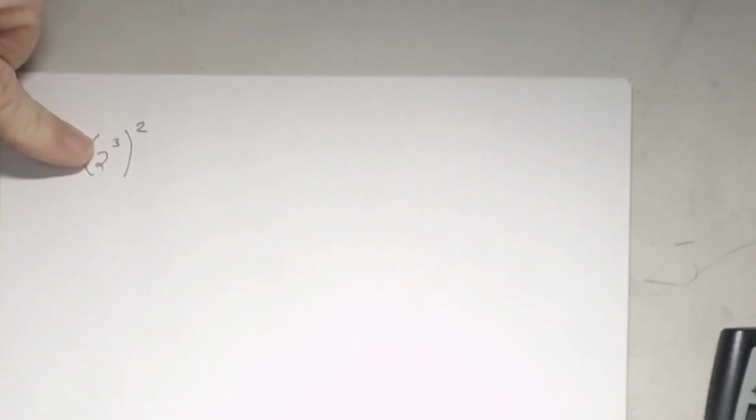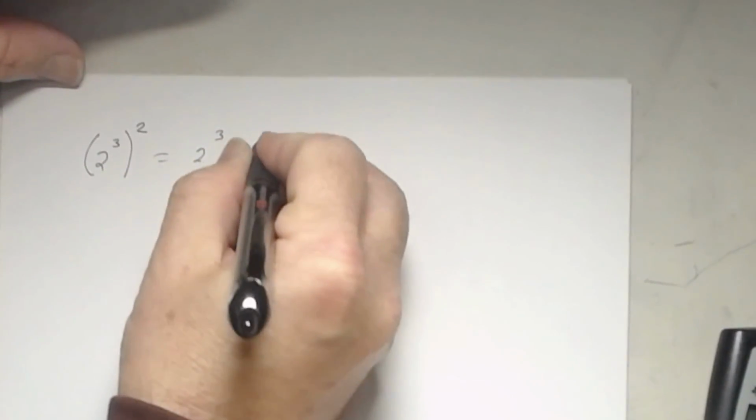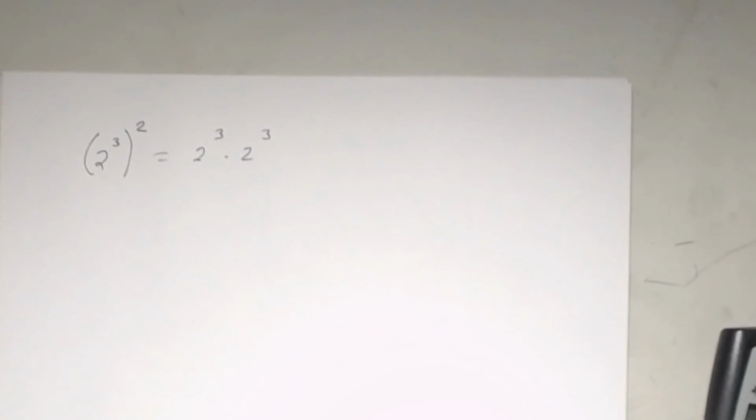Multiplied by itself twice. So this means 2 to the third times 2 to the third. According to what we just learned, I can now use the product rule. What's 2 to the third times 2 to the third? 2 to the 6.